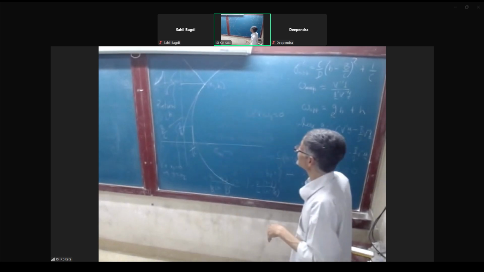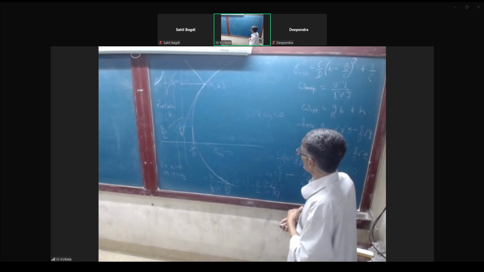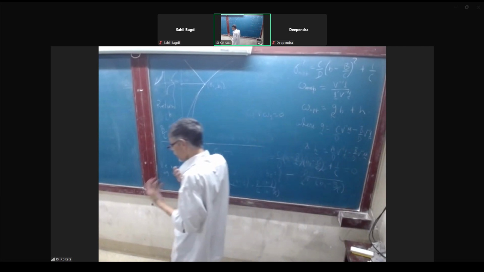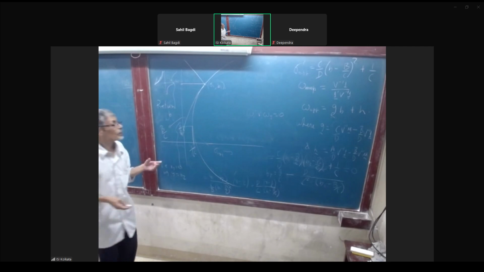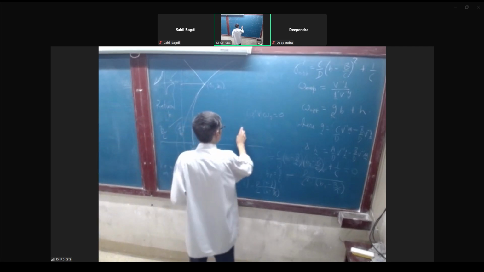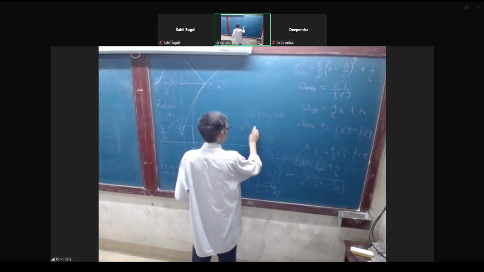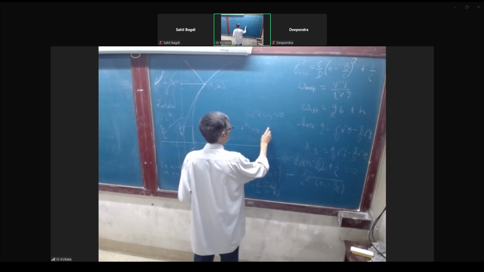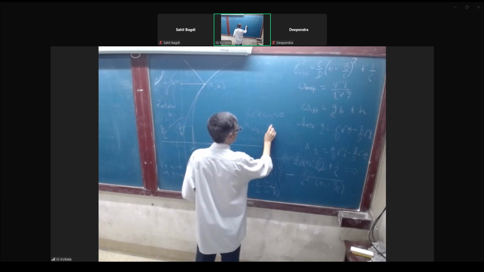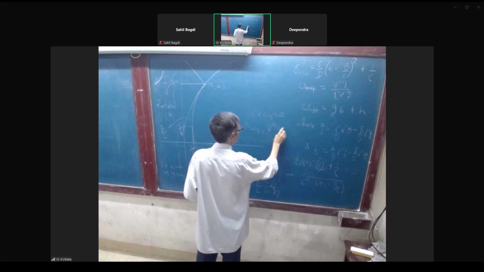So what you are trying to say is that you are coming from two vectors. What are the two vectors which are orthogonal?